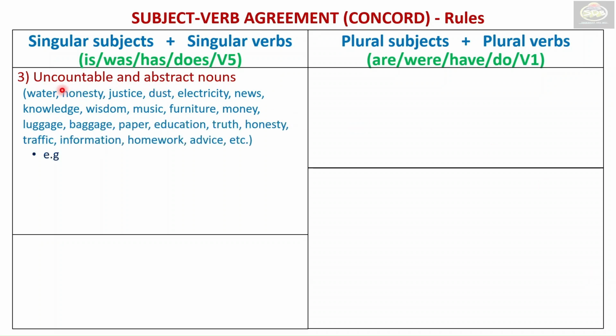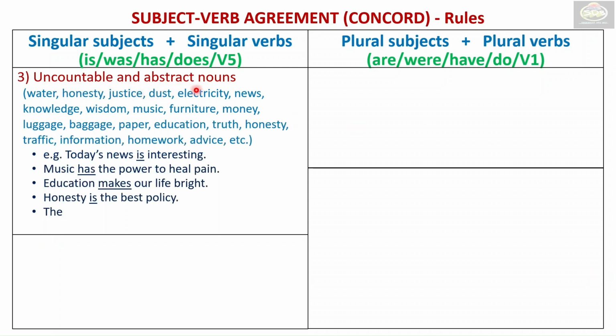Third one, uncountable and abstract nouns. These nouns are regarded as singular subjects and we have to use singular verbs with them.